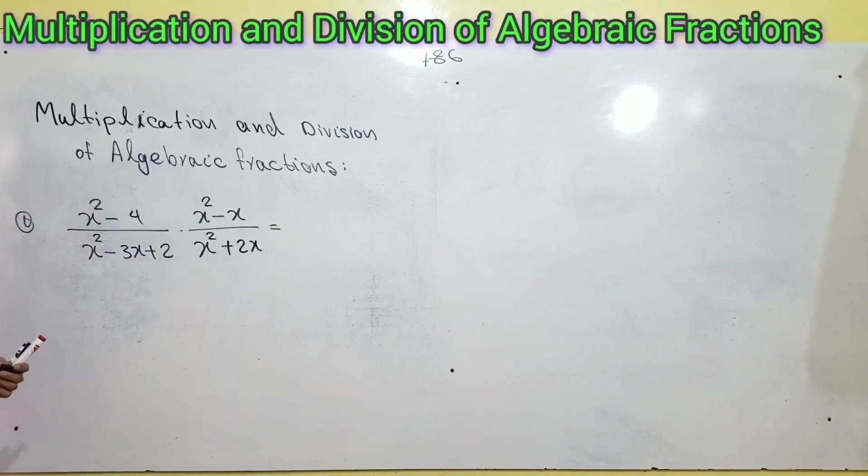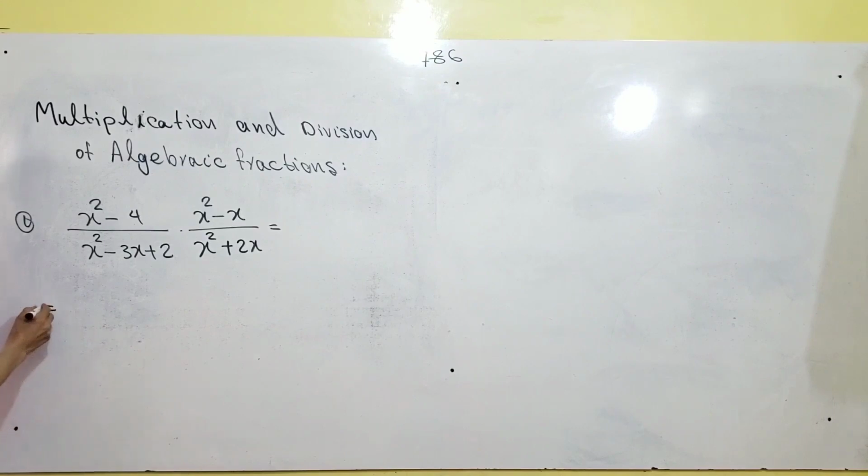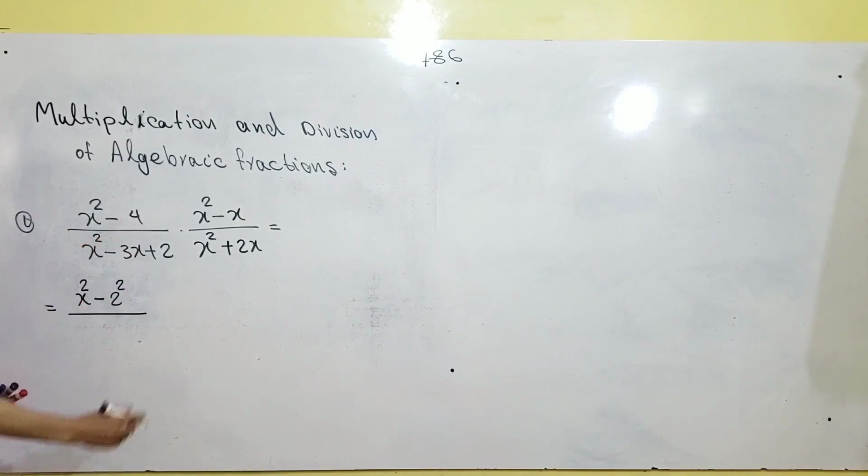How can you multiply two algebraic fractions? First of all, you should factorize every numerator and denominator. For example, here we have x squared minus 2 squared. Instead of 4, I write 2 squared.